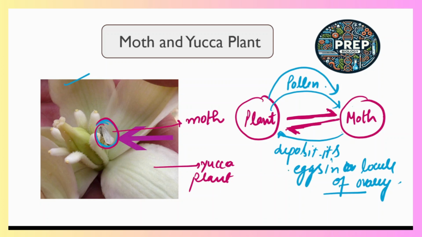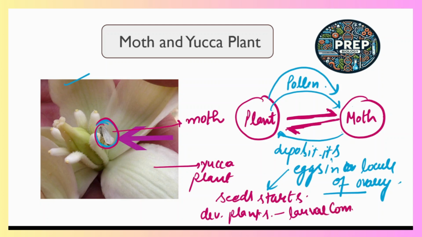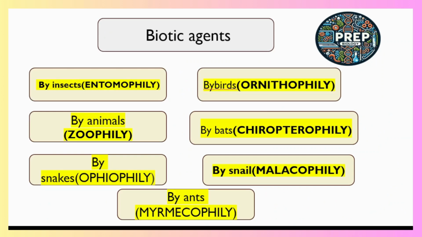So when the seeds start developing in the plant, then the larva comes out from the moth. Okay, so this is the example. Moth and the yucca plant show how the plants give reward to the biotic agent for the pollination.